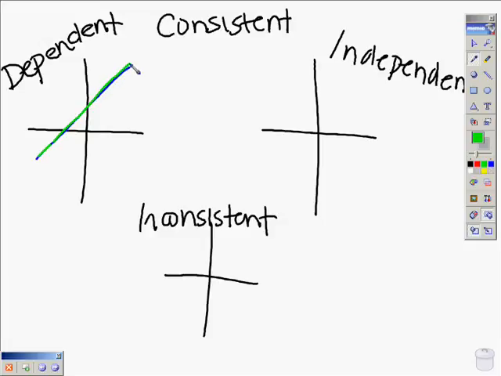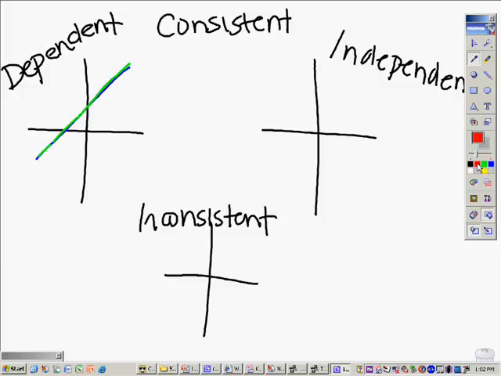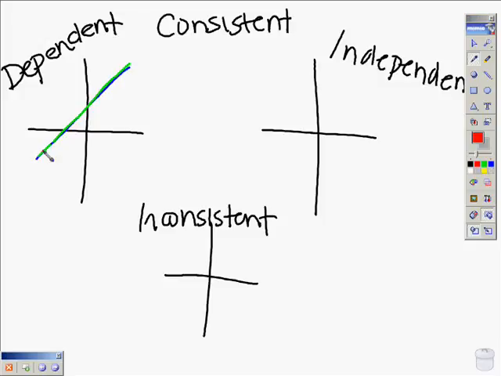No. They cross at that point, and that point, and that point, and that point. Every point on that line they cross at. So how many points do they cross at? Tons of them, right? Infinitely many points. So if you end up with two lines that are exactly the same, you end up with infinitely many solutions.